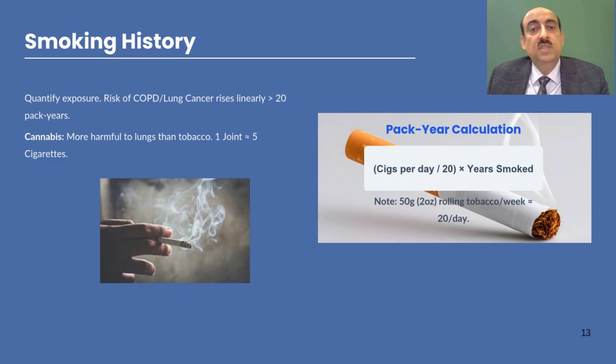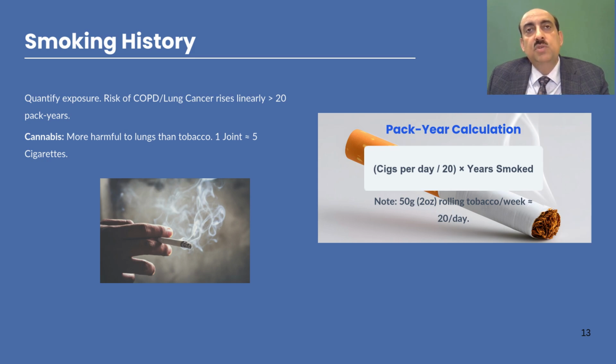Any smoking history of more than 20 pack years significantly increases that risk. Similarly, cannabis is 5 times more harmful to the lungs than tobacco, and one joint is roughly equal to 5 cigarettes.